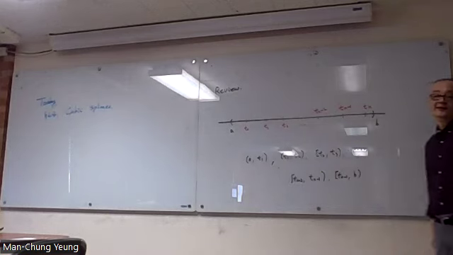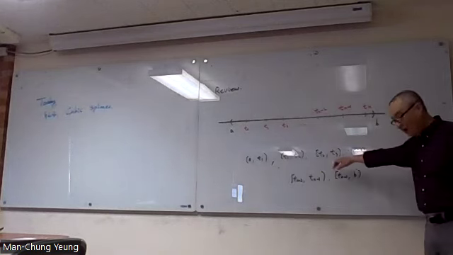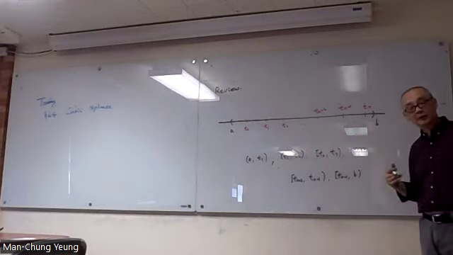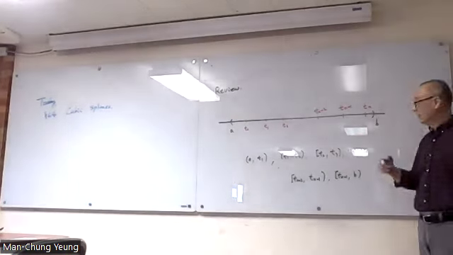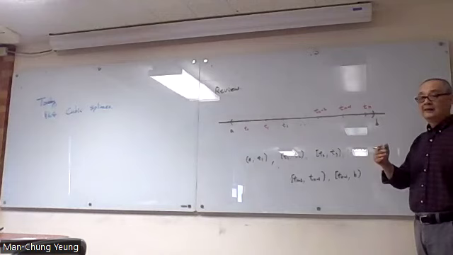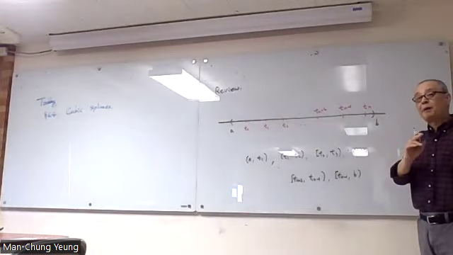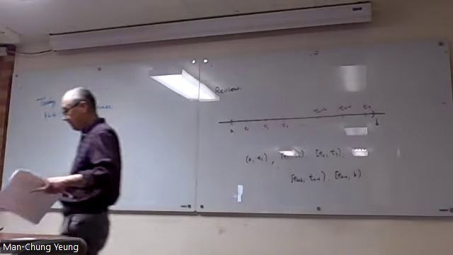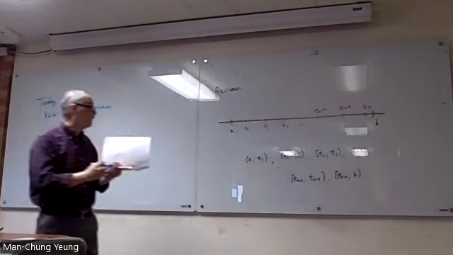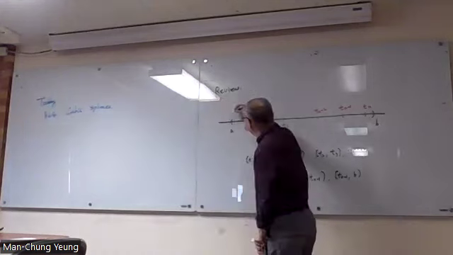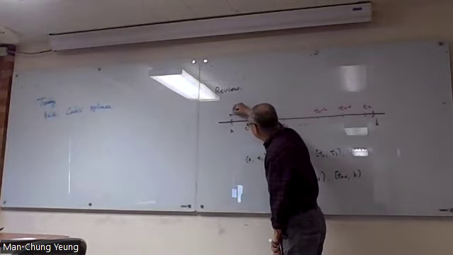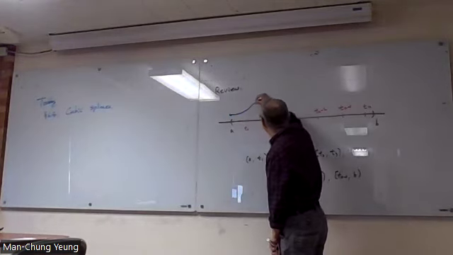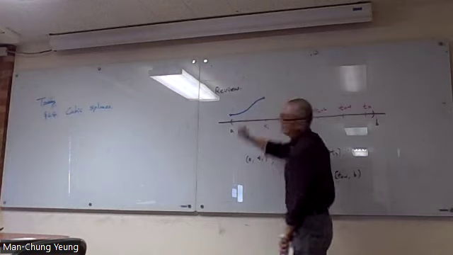So over each of these subintervals, a spline function is a polynomial. Let me draw a polynomial in a different color. A open, this is a polynomial.